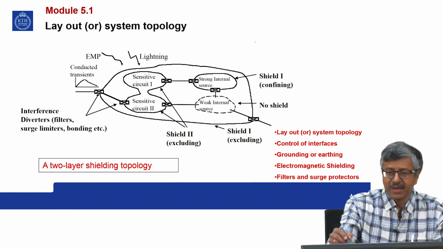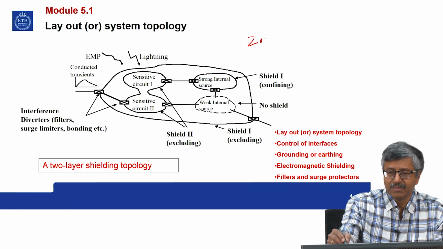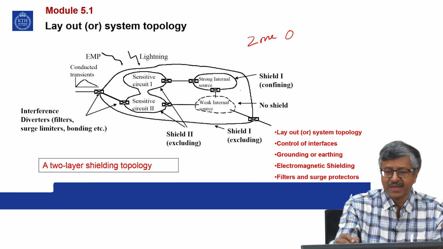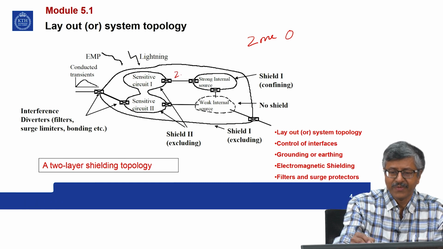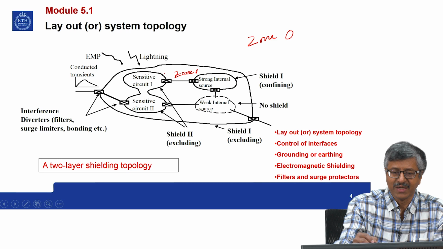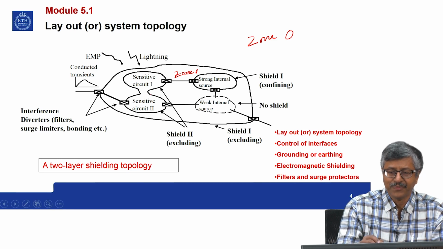Let us say it is zone 0 or something like that, and this will be a very harsh environment. And this zone over here will be, let us say, zone 1. By the time the fields and currents reach this zone, you want to reduce them in value. Then after that, where the sensitive circuits are, this will be another zone.